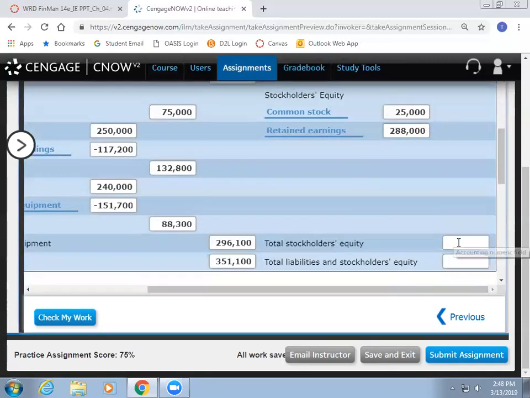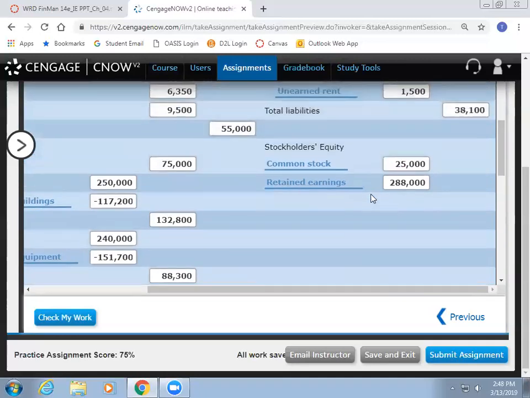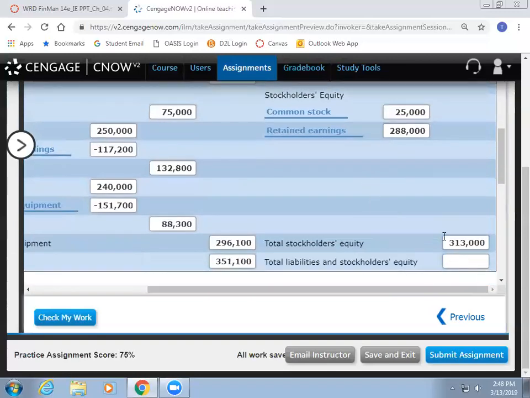We're going to add up our equity, so common stock plus retained earnings, 313,000. And then I would add liabilities of 38,100 plus equity of 313, and it should be 351,100.